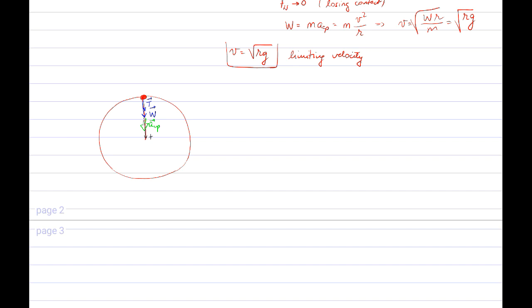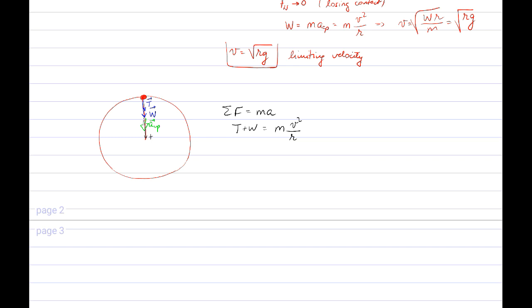So when I write sum of the forces is equal to mass times acceleration, the forces are tension in the positive direction plus weight, and that's equal to mass times v squared over r. So tension plus weight is mv squared over r.